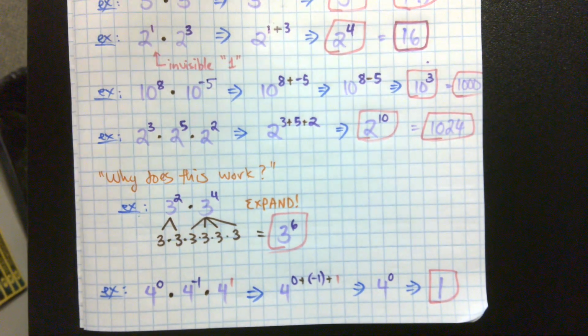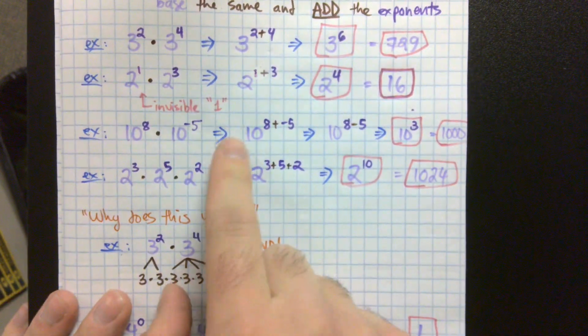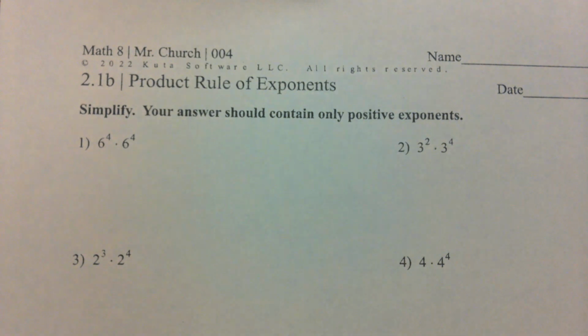Product rule. If you take a look at the worksheet, you'll see some variables in there. Treat them exactly the same. As long as they're the same letter, they are like bases. Okay? I want to see these steps. Let me show you exactly what I mean by that. Number 1, we've got 6 to the 4th times 6 to the 4th.